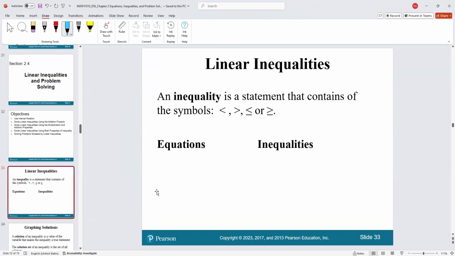So anytime we talk about inequality, it is a statement that contains the symbols of less than or greater than.